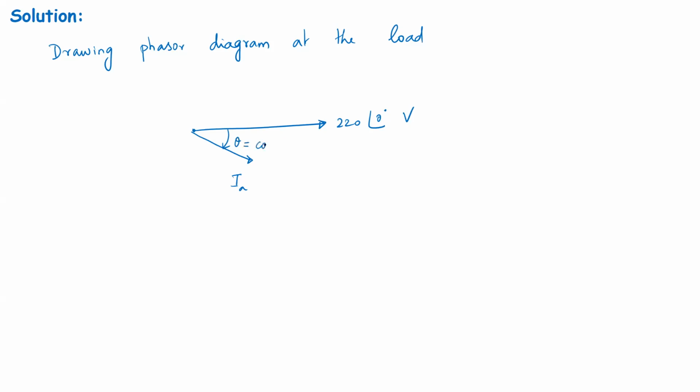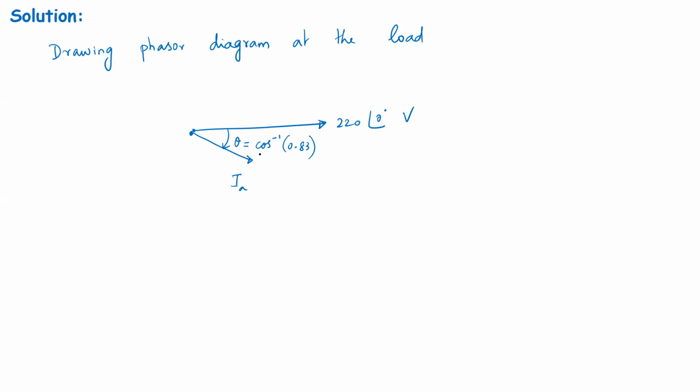This theta is nothing but cos inverse of 0.83. Please note, because the power factor is lagging, my current is drawn like this. If the power factor were leading, the current will be leading the voltage. Always the current will be lagging when the power factor is lagging, and the current will be leading when the power factor is leading, based on the assumption that we have made that the voltage is going to act as the reference. That is something we need to keep in mind.